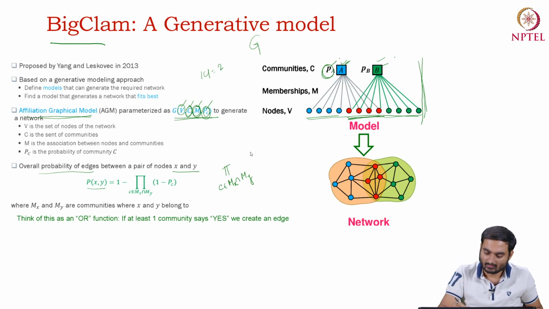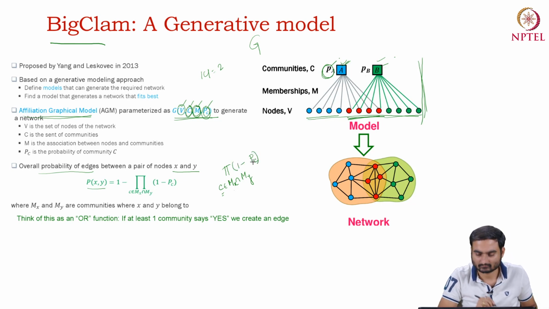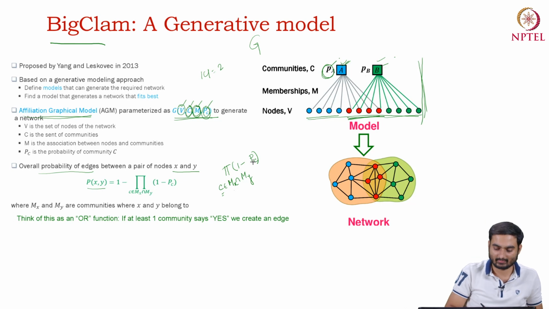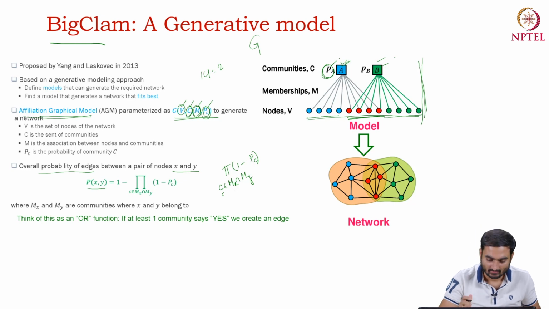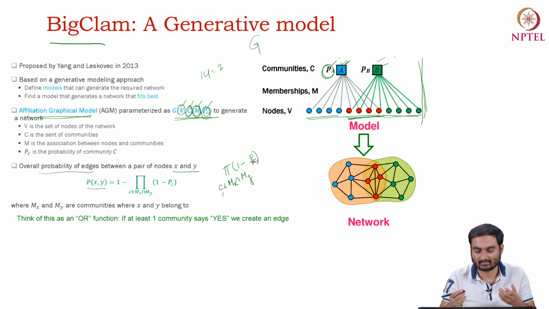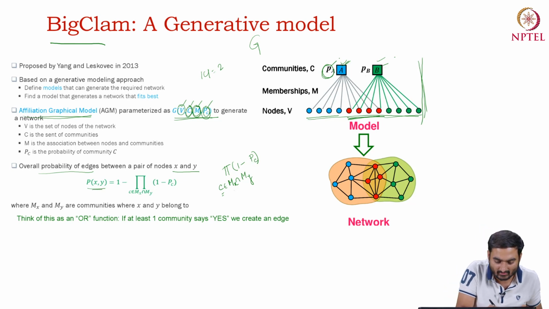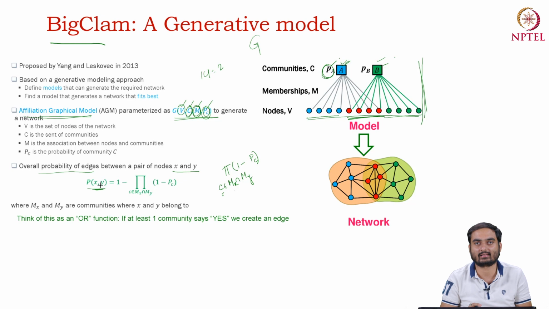So, for every such common community, what is PC? PC is the probability that both the nodes X and Y belong to the community C. What is 1 minus PC? It is the probability that the nodes are connected, but not because of C. So we are trying to measure whether these two nodes X and Y are connected.